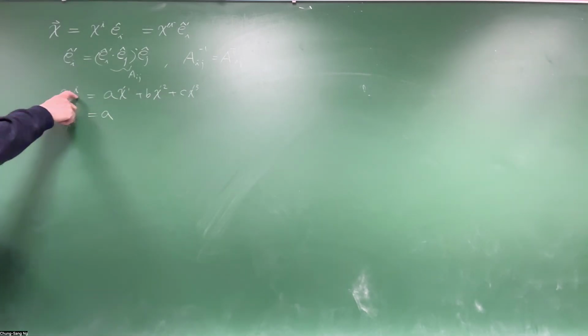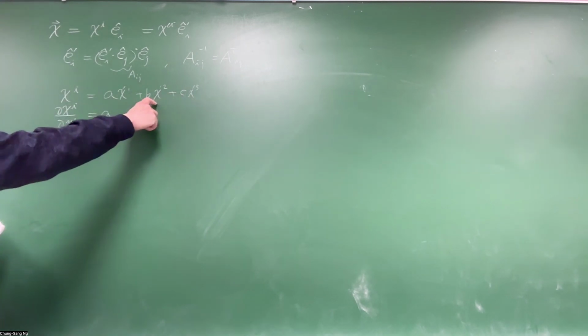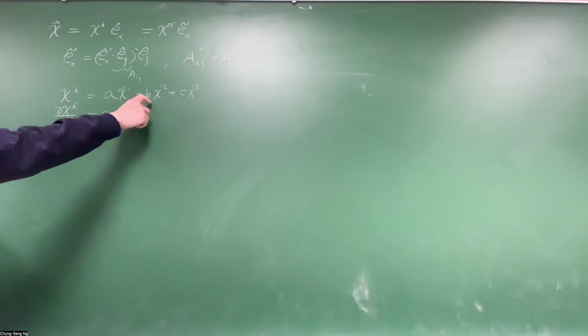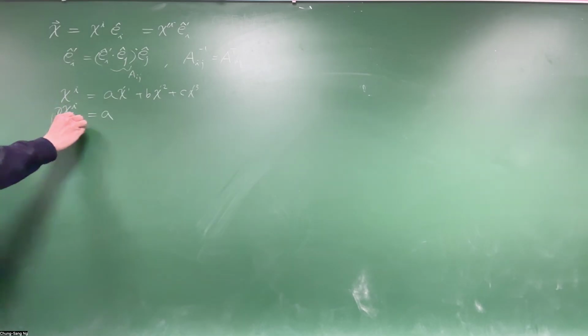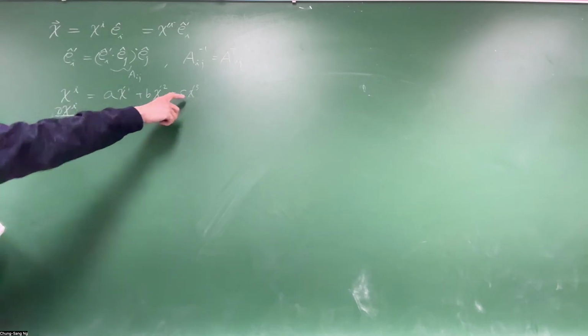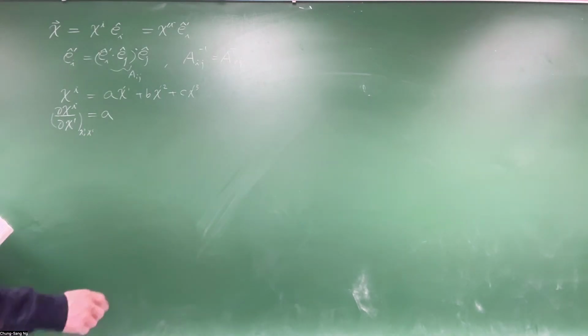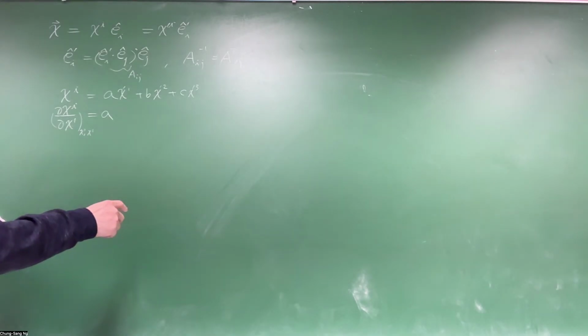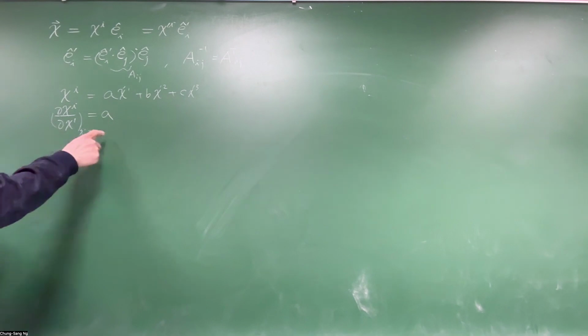You take a partial derivative, you only operate on this one. All these will be zero, because the partial derivative means you keep the others constant. In Cartesian coordinates it means you are keeping x2 and x3 constant. When you take a derivative, these are just constant. You won't operate on this one. That gives you A, right? Okay, so then obviously you can generalize that all these coefficients are calculated this way.